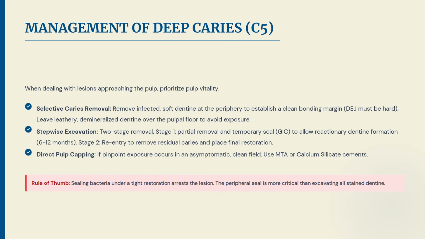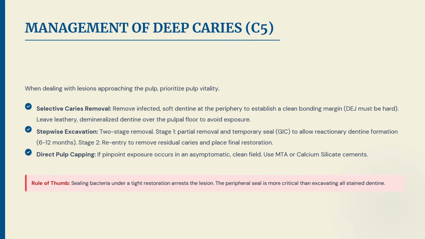Clinically, when you're removing the infected dentine, you must have that feeling of the dentine feeling a bit harder. You can always leave the leathery and demineralized dentine over the pulpal floor to prevent pulp exposure.